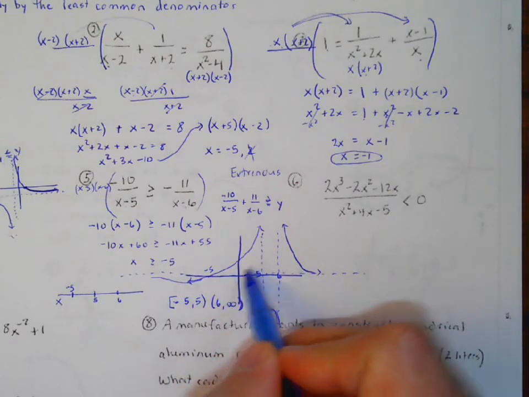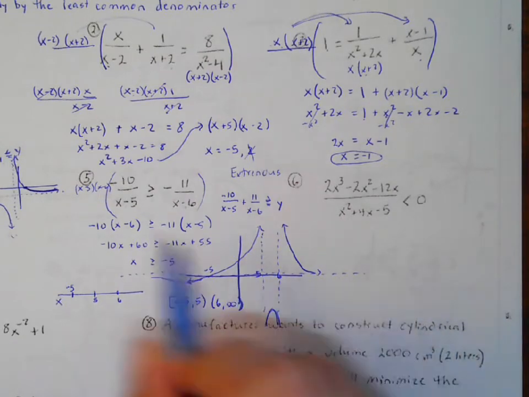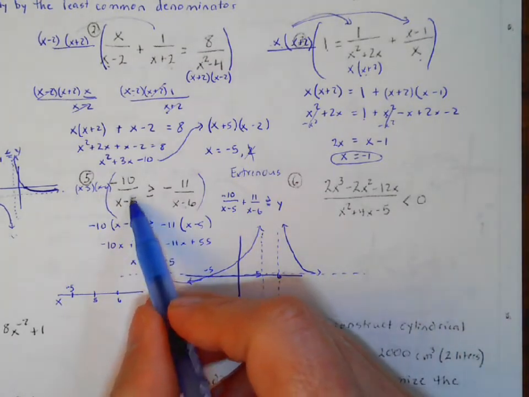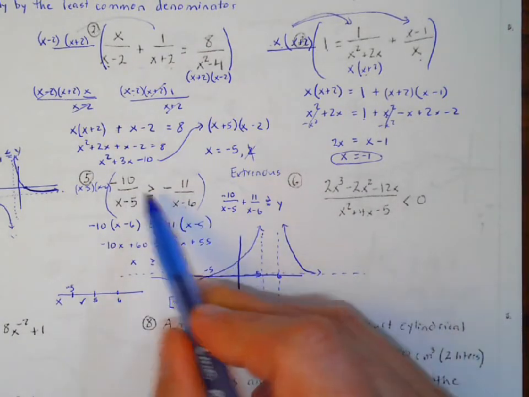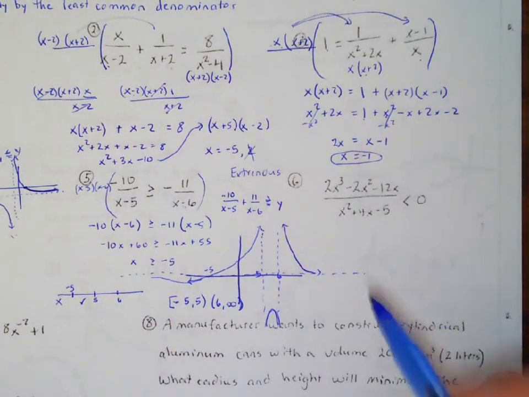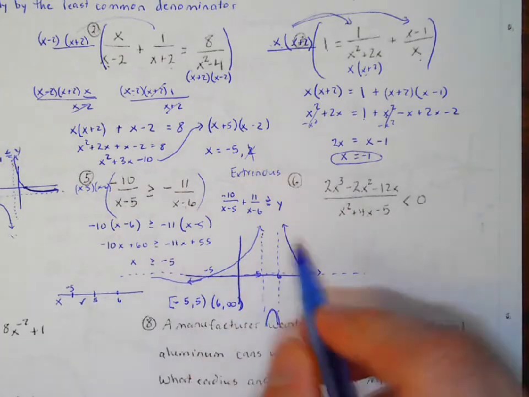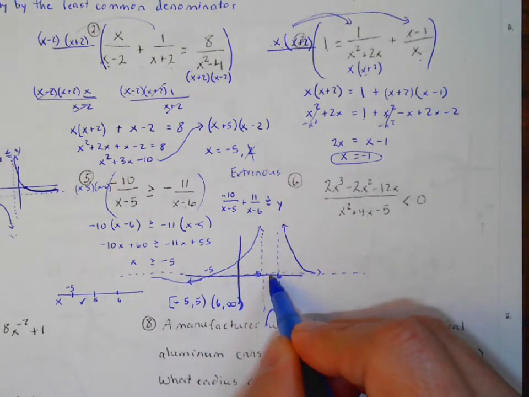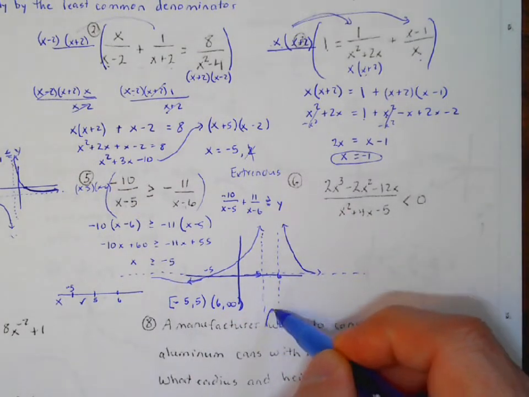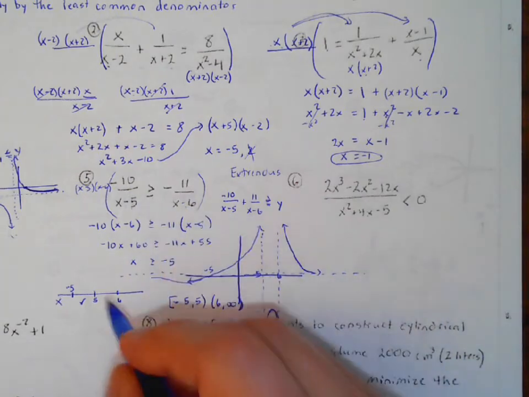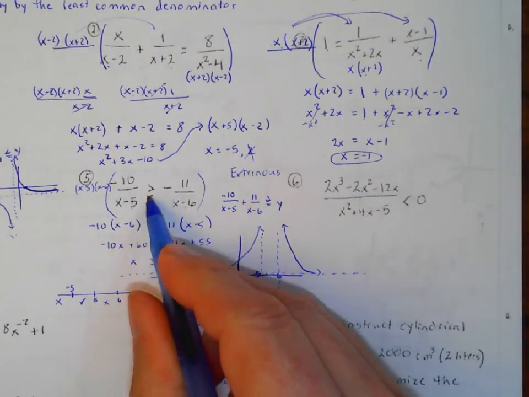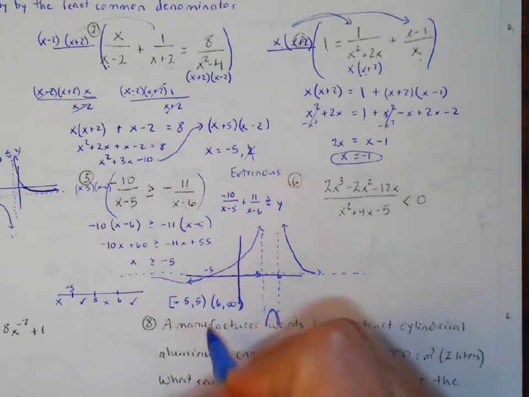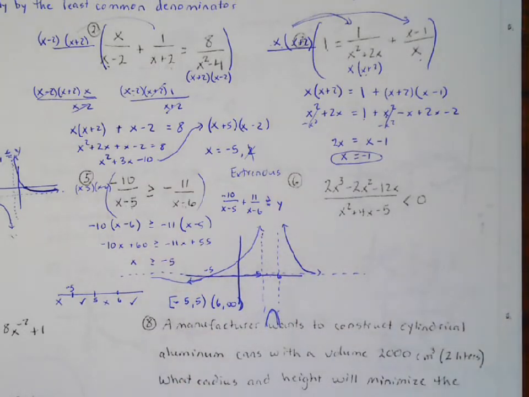Take something between -5 and 5, like 0. 0 minus 5 and 0 minus 6 would be pretty easy, and that works; this side is greater than this side. If you take a number between 5 and 6, like 5.5, this side is not going to work. Take a number greater than 6, like 10. This side is greater than this side, so it'll work. You can also think of it that way as you go through it.